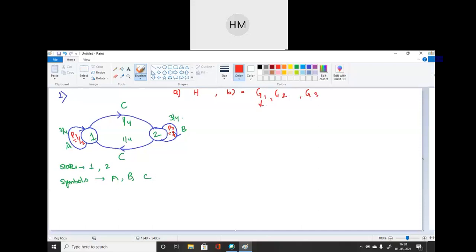G1 means message of length 1, then message of length 2, message of length 3. It's written average information content per symbol G1, G2, G3. What does length of message 1 mean? Only symbol A is produced. 2 means only 2 symbols are produced. 3 means we have produced 3 different symbols, A, B. So this we have to find.